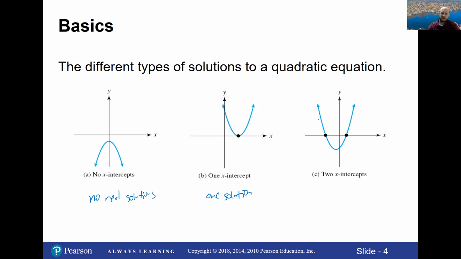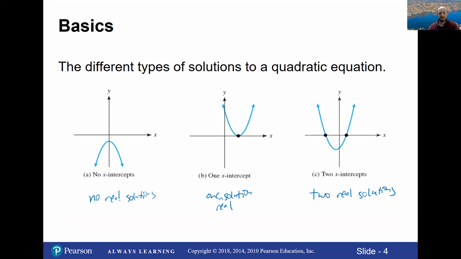And this one crosses the x-axis in two places, so that would have two real solutions. And I should really say no real solutions. If it has no real solutions, it would have imaginary solutions. We're not actually going to talk about that in this section, so you don't have to worry about imaginary solutions.